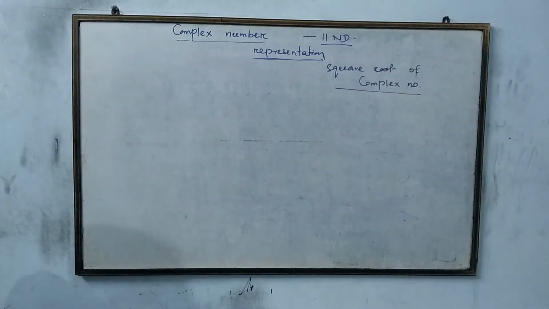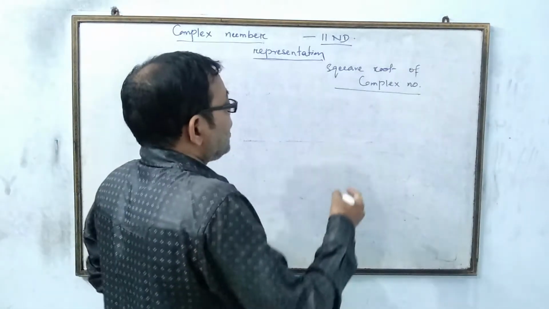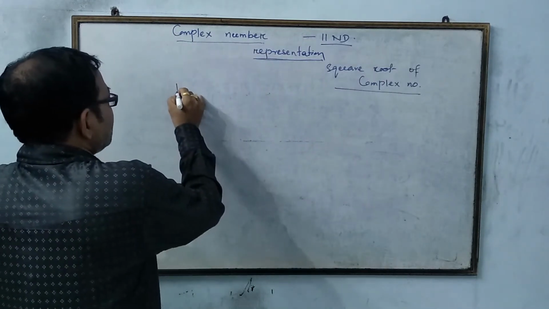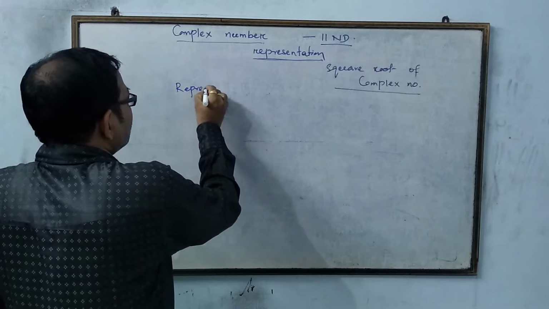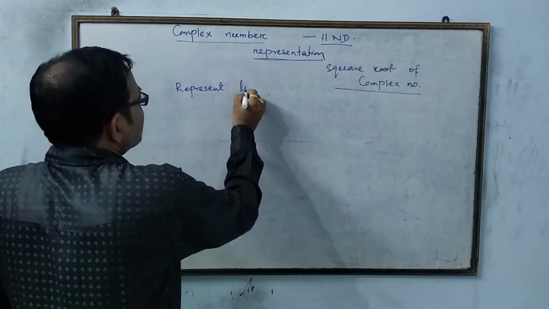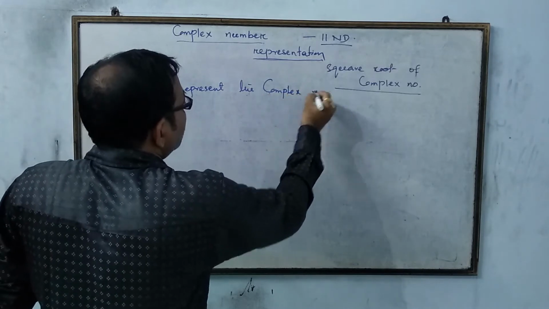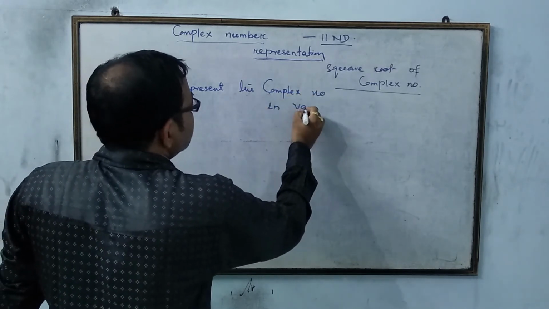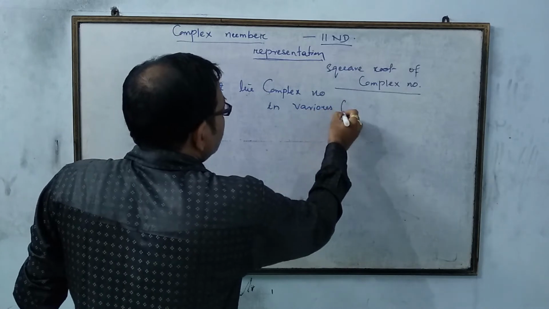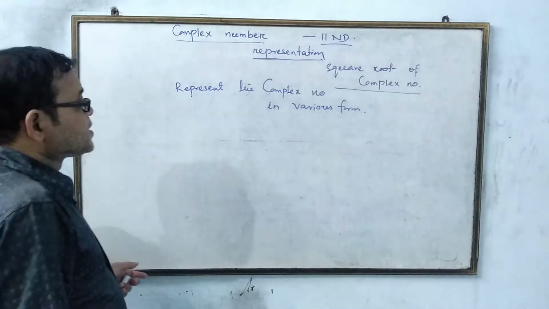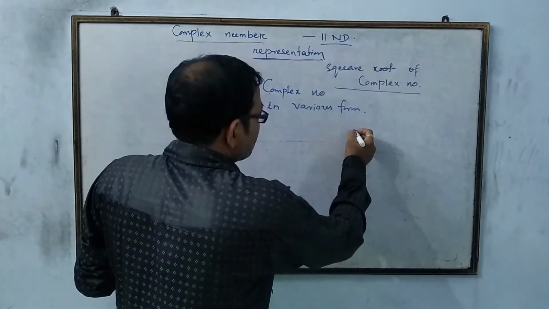Now you will see how to represent the complex number in various forms. That was in the Argand plane. Now you represent the complex number in various forms.